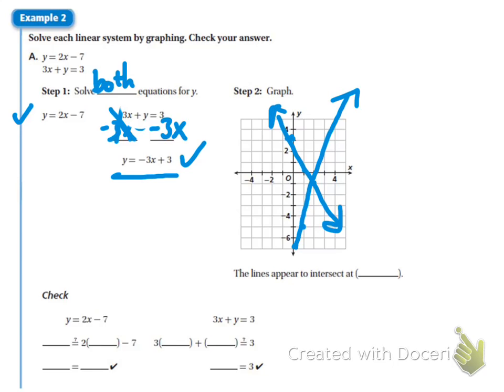And then when I put in 2, so it appears they intersect at 2, negative 3. And when I check this, negative 3 equals negative 3, so that checks. 2, negative 3, that checks.